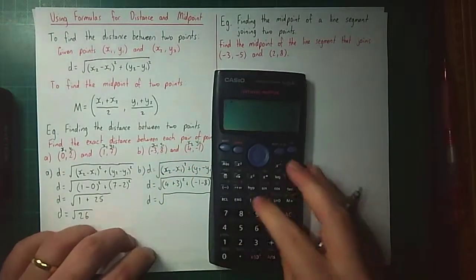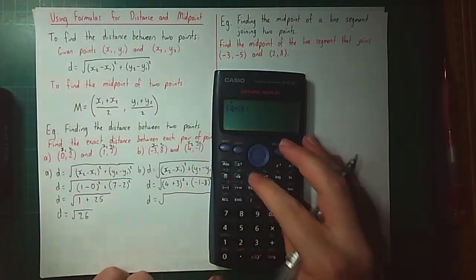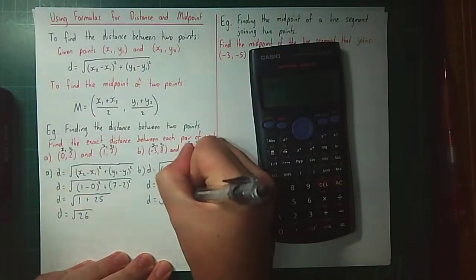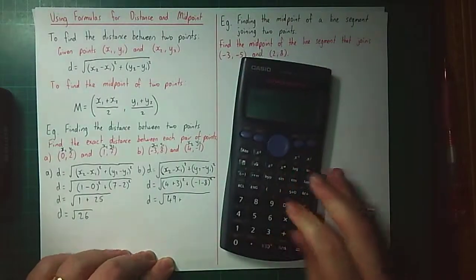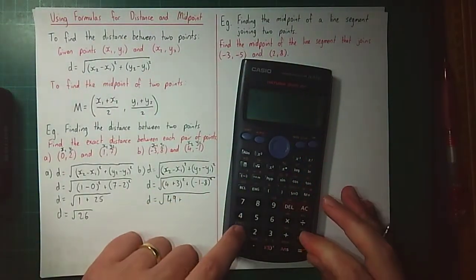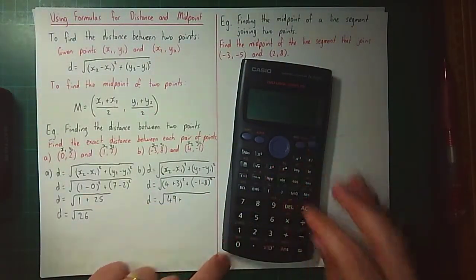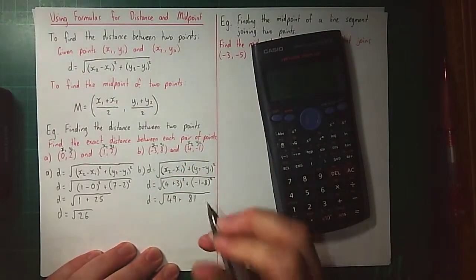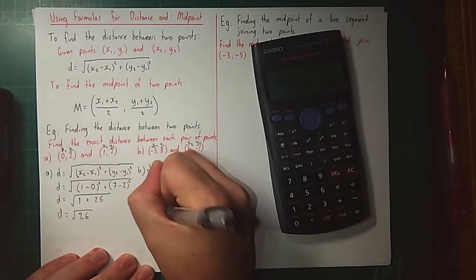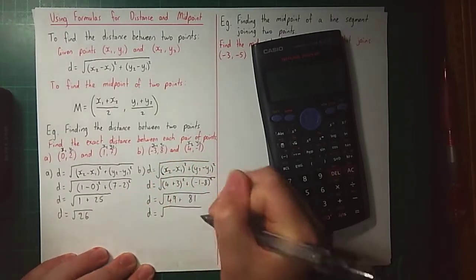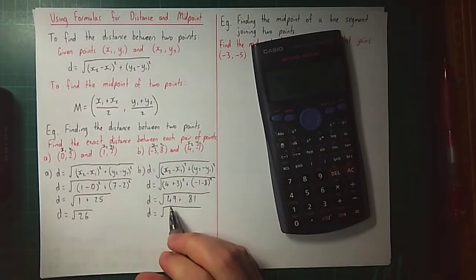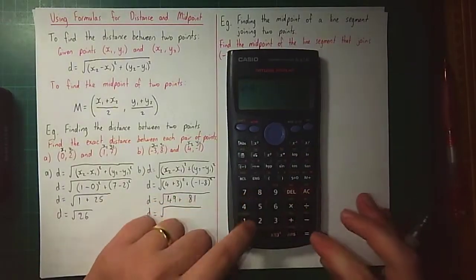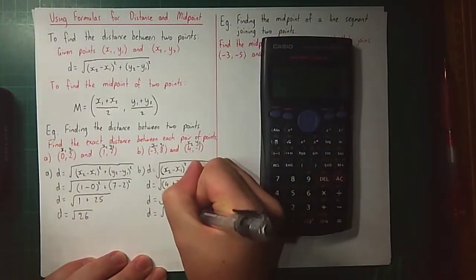Once again, we have 4 plus 3 all squared, which is 49, because that's 7 squared, plus negative 1 minus 8 all squared, which is 81, because that's negative 9 squared. Under the square root, we've got 49 plus 81, which is 130.